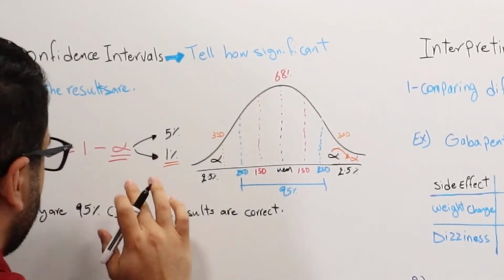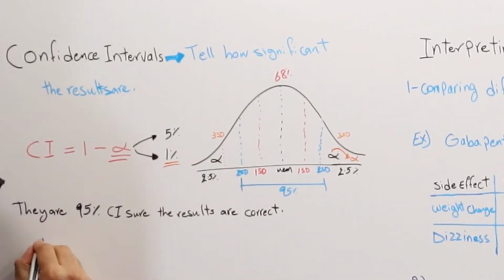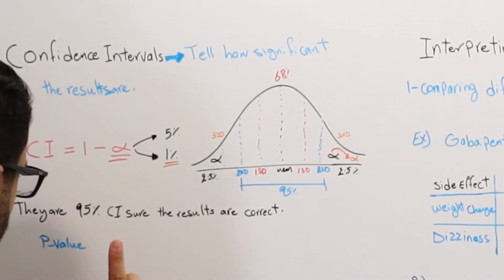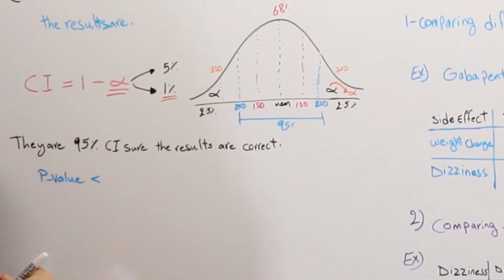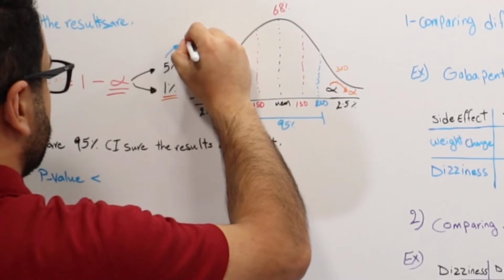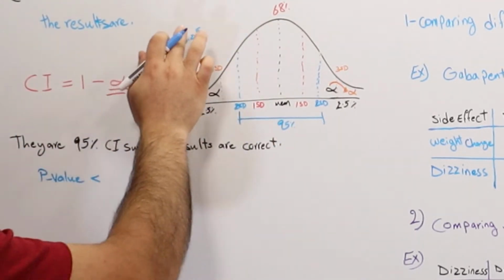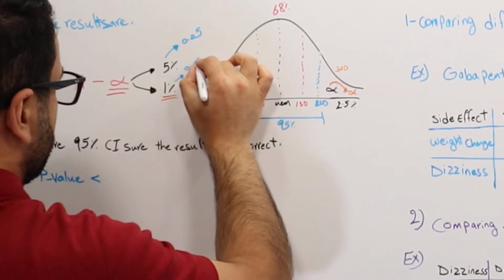And in this case, to show that it's significant, from the previous lecture, I did say that the p-value, if it's less than alpha, and alpha in this case is 5%, which is 0.05, and here it's going to be 0.01.